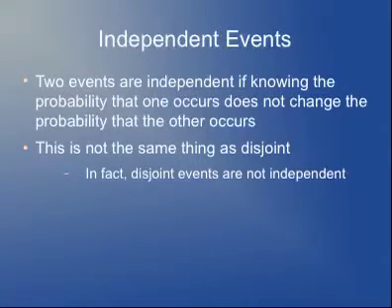And another type of events that we can talk about are independent events. Two events are independent if knowing that one event occurs doesn't change the probability that the other event occurs.